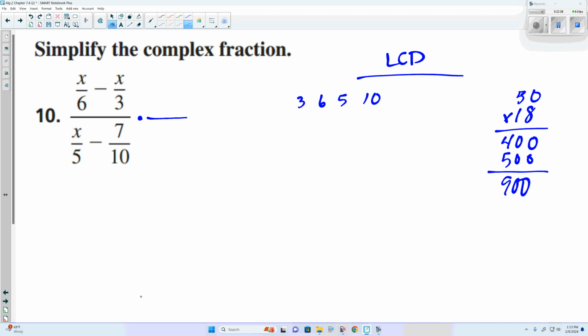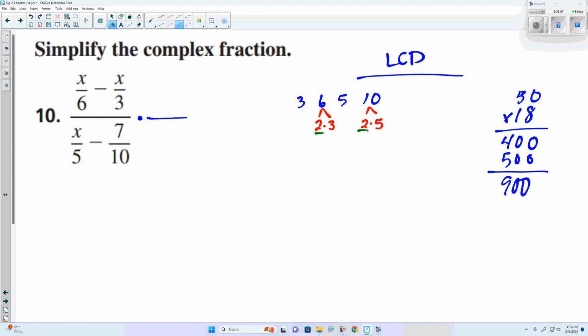It's not our least common multiple. For these here, 3 and 5 are already prime factored. Those are prime numbers. 6 is not. It would be what? 2 and 3. 10 is 5 and 2. So for the least common multiple, we're going to take the most of each of these prime factors that appears in each term.